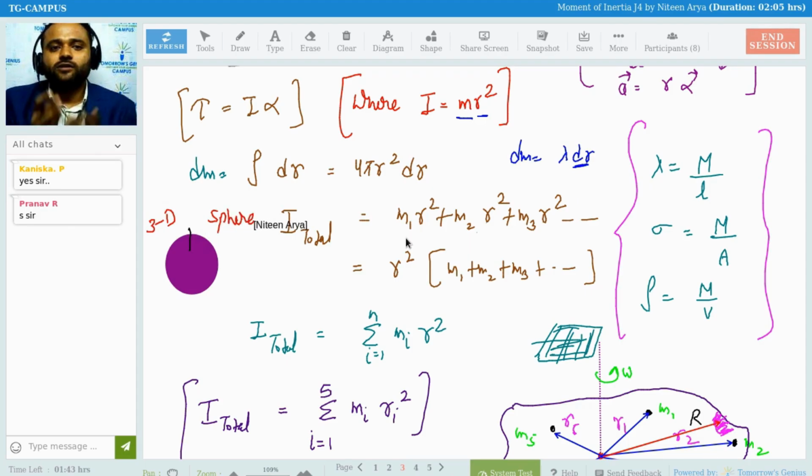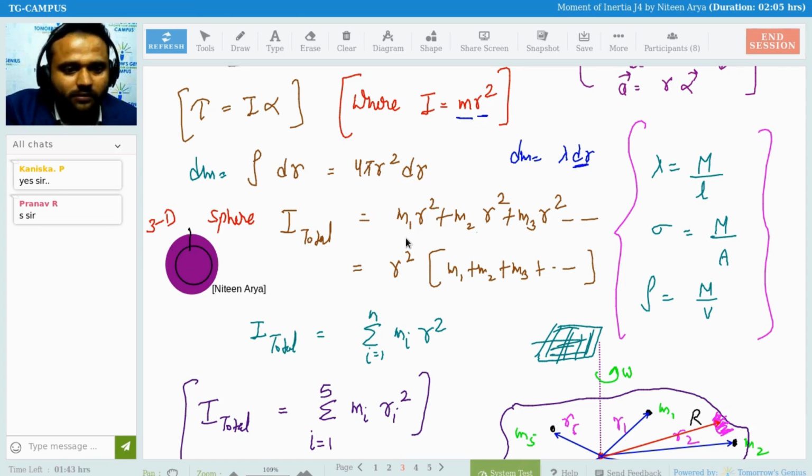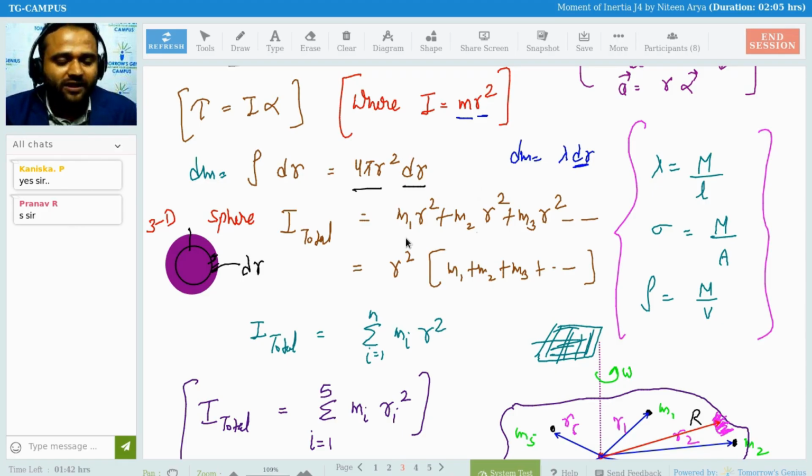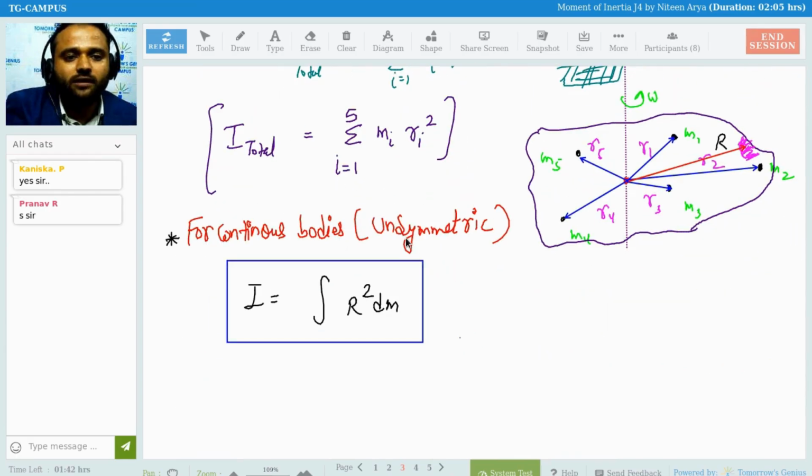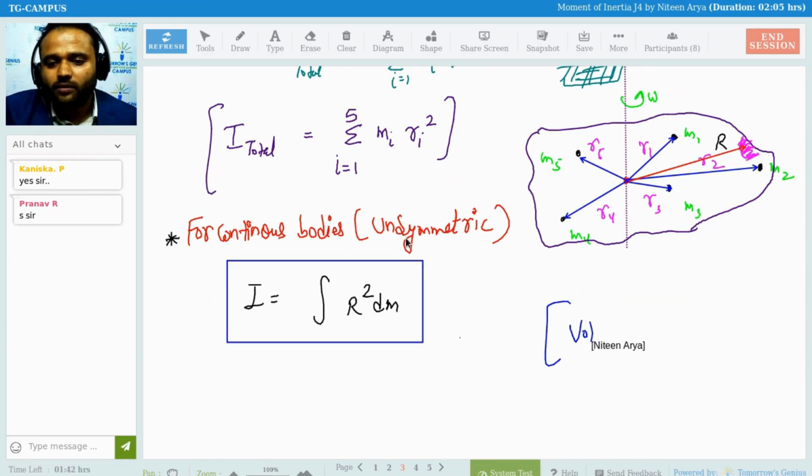If I cut a ball, that ball can be converted into a sheet. The area of a sphere is 4 pi r square, and suppose this is the very minute thickness of this ball, dr. So the area of a sphere is 4 pi r square, and dr is the small thickness, and that is how I can find rho.